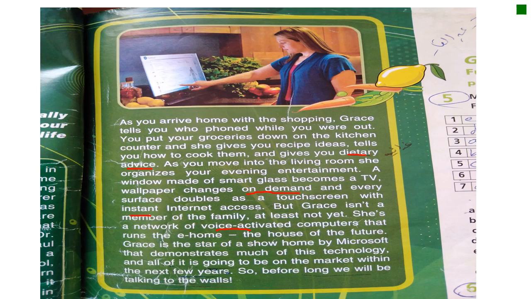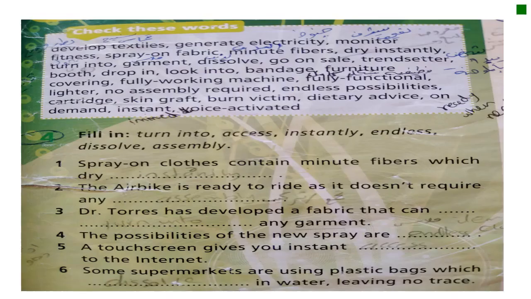Grace is the star of a show, Home by Microsoft, that demonstrates much of this technology, and all of it is going to be on the market within the next few years. So before long, we will be talking to the walls. Actually, these are the words that I have just discussed, and these are the main words that I need from the passage.